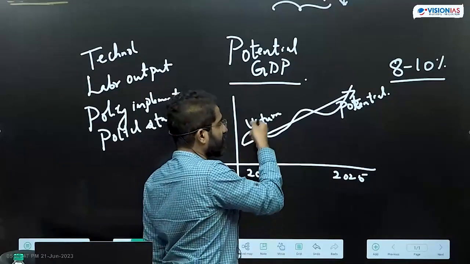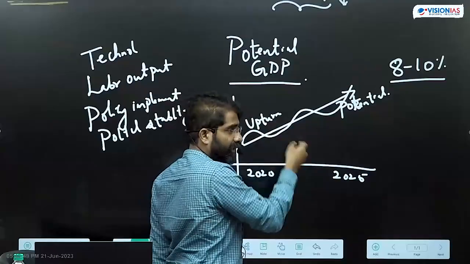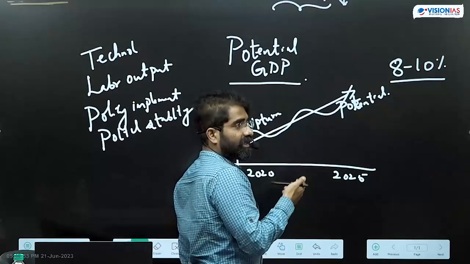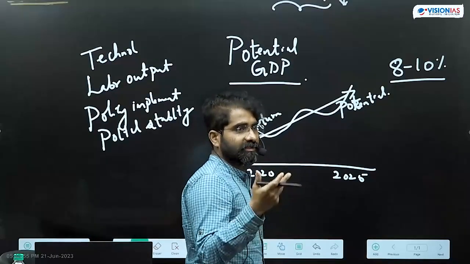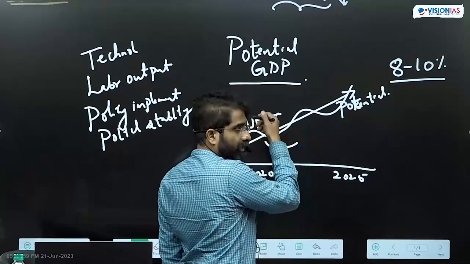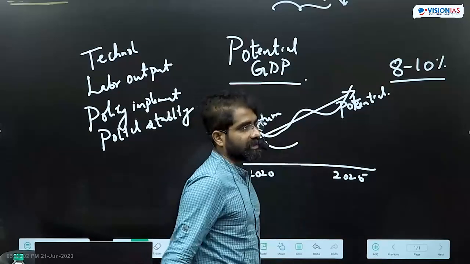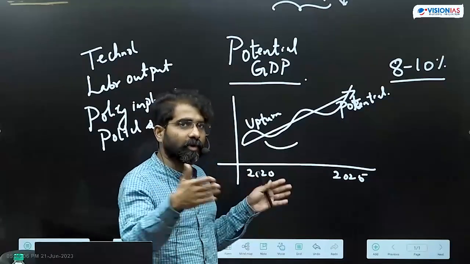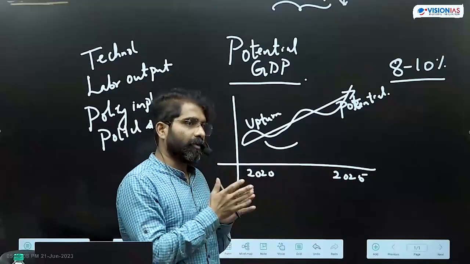There is every chance that your actual GDP rises above the potential. Or if suddenly COVID has come and the situation has become worse, there is a downturn where it can go down. Then you are far away from the potential GDP. Potential GDP gives you an expectation of how far you are from it.